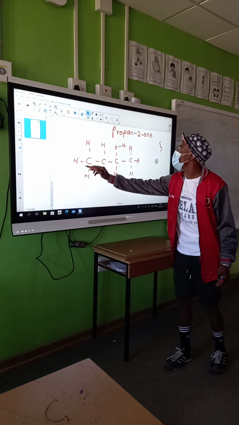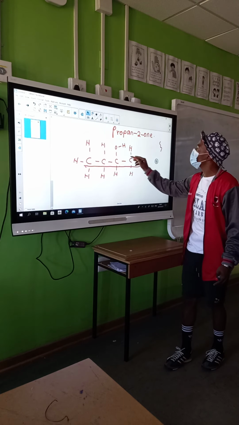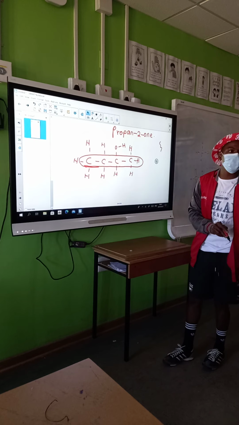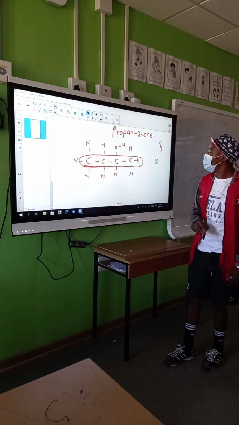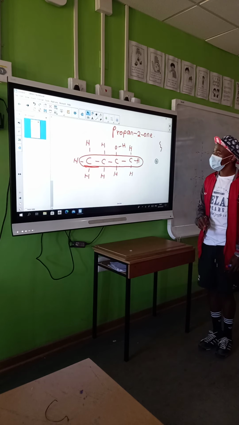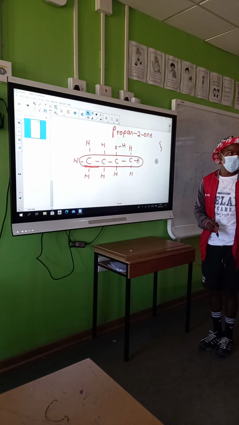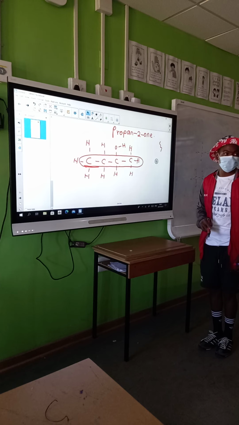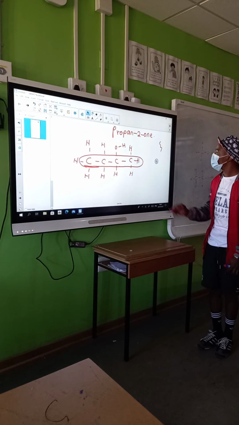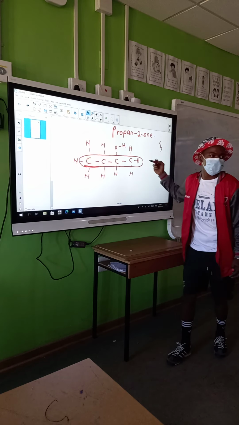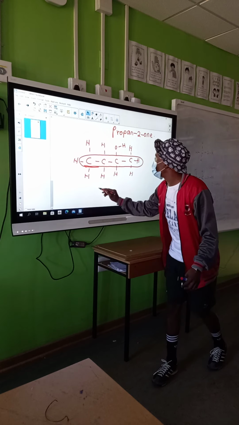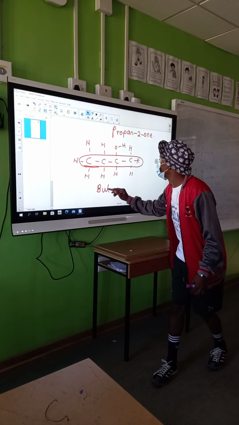So the longest chain is there. It's 4 carbons. Why include the H? Because you must fit the longest chain with the functional group. It's a chain of 4, so we know it's a but-.